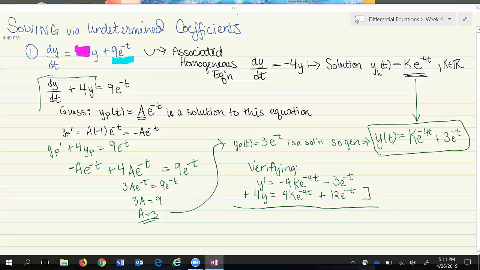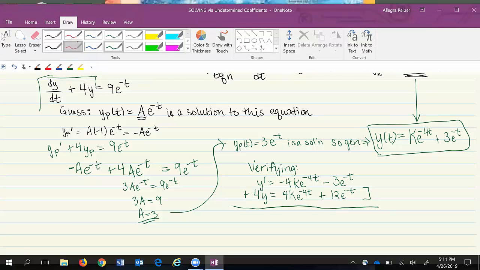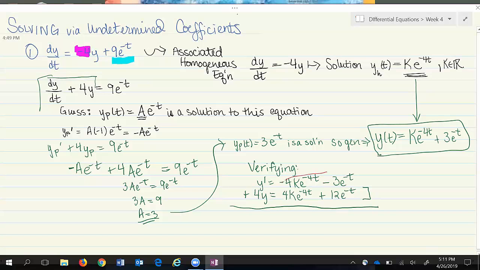So you'll notice that the k terms, the terms with the e to the negative 4t, are going to cancel each other out. So we get y prime plus 4y equals, that term ended up being 0, and then we have negative 3e to the minus t plus 12e to the minus t. That leaves us with 9e to the minus t, which is what we wanted to show. And so we verified that this is a solution to the equation.